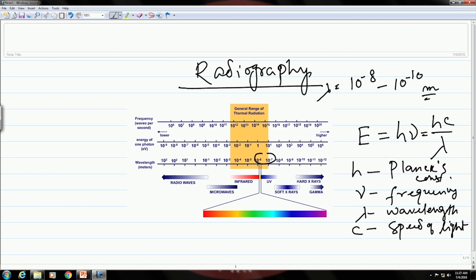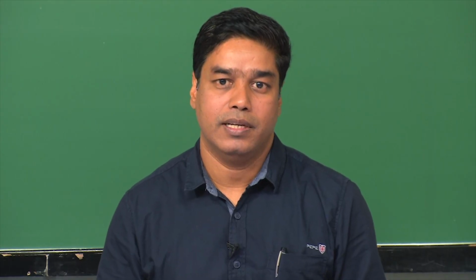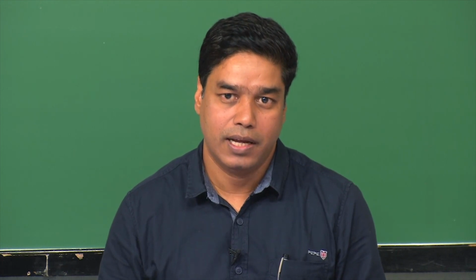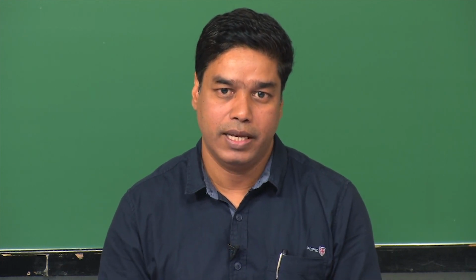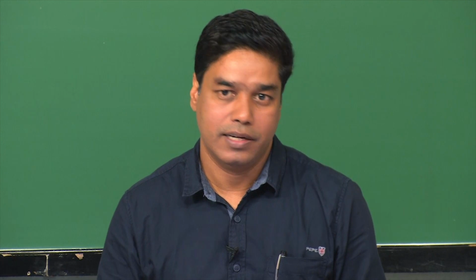This tells you that X-ray radiation is much more powerful compared to visible light, and that is why X-rays can penetrate through materials, because the energy level in X-ray radiation is much higher compared to any other electromagnetic radiation.